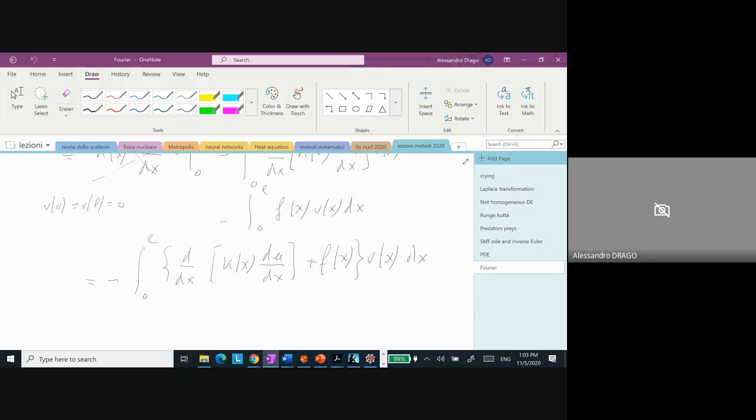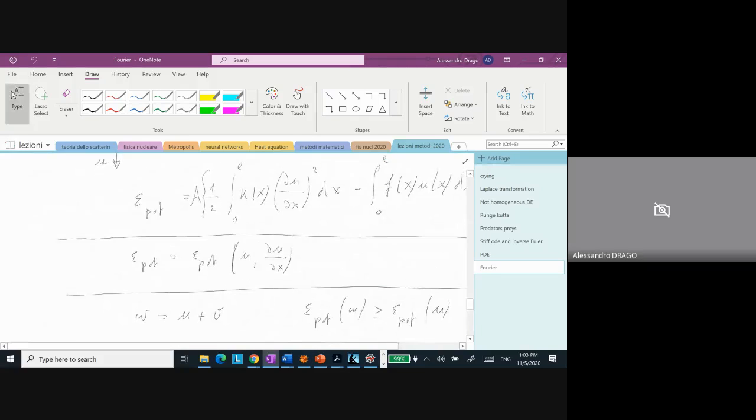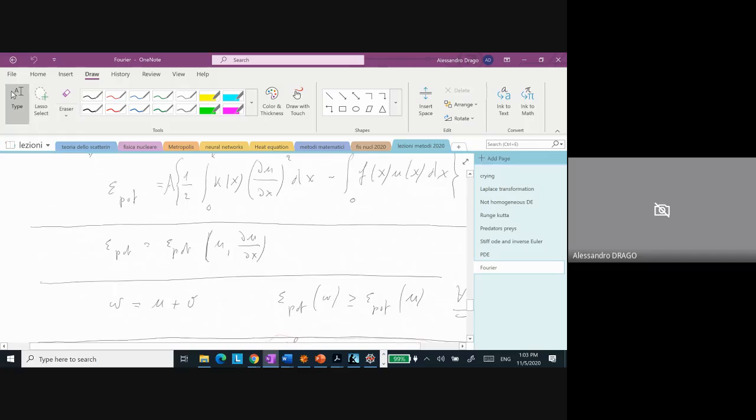we have solved our strong boundary value problem, and we have obtained, okay, sorry, there is one thing that maybe I forgot to mention. Notice that the time dependence in this discussion has disappeared, in the sense that we are considering time independent problems. So we have derived the potential energy.